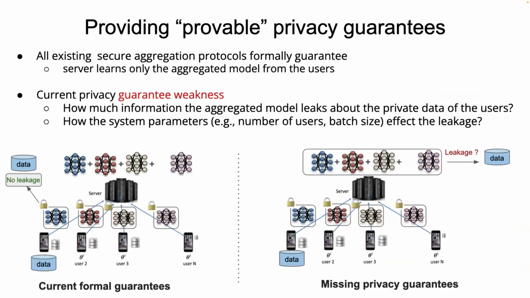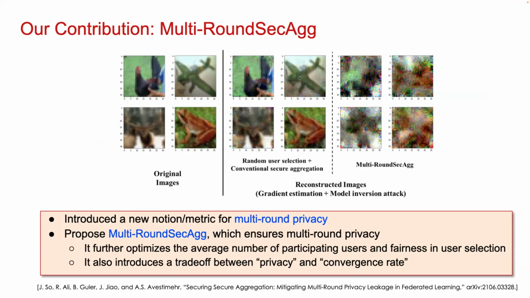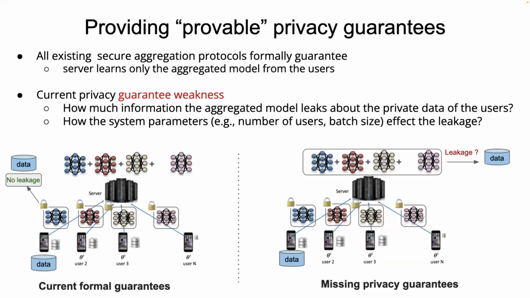So that's very good. But maybe we want to go even one step further and say, beyond visual and being robust to various attacks, can we prove theorems and show that federated learning, by applying secure aggregation at each round and multi-round secure aggregation, is giving us privacy guarantees?